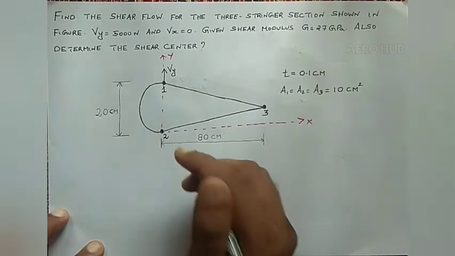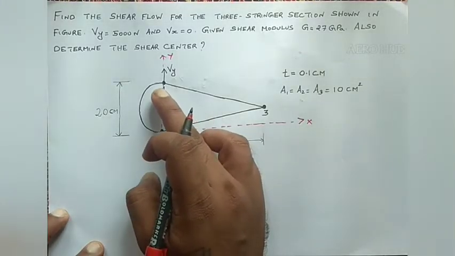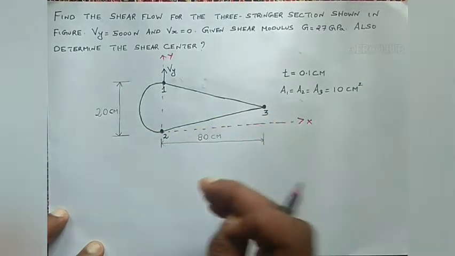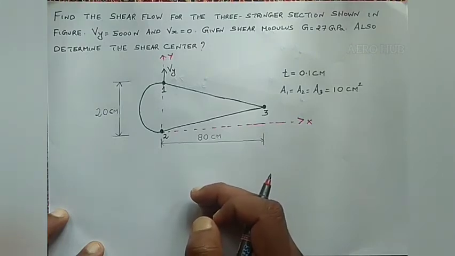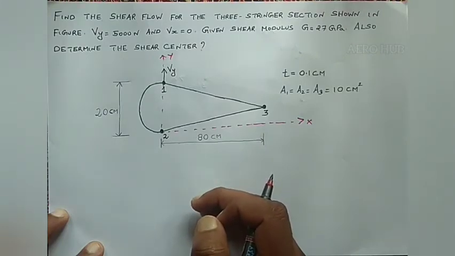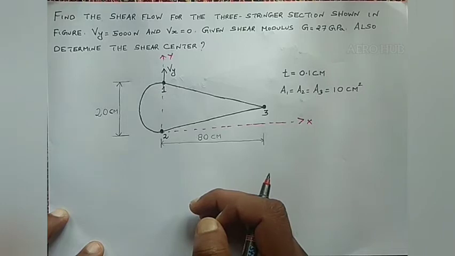Therefore, we have to find out the coordinates for the boom areas 1, 2 and 3 to find out the values of centroid, which is nothing but the point along which the first moment of area becomes 0.